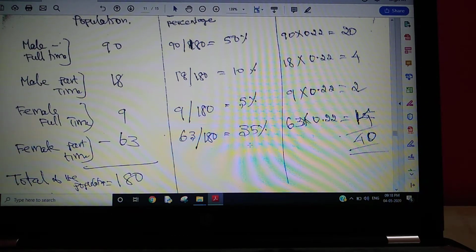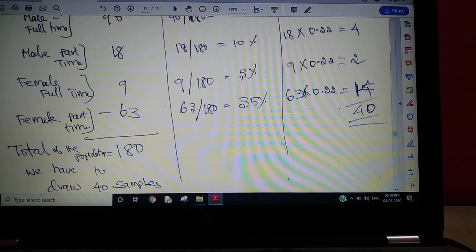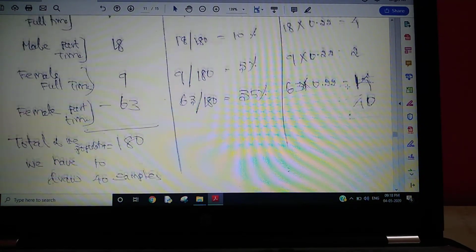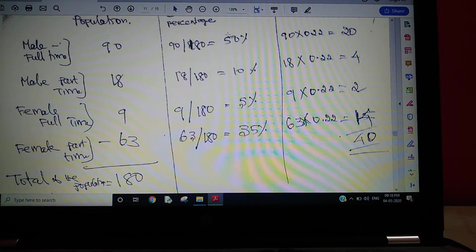If the sample size is 40, then out of 40, 50% is 20. In the total population, male full-time is 50%, so in the sample an equal representation should be there, 20. If you take all of them from the 35% group, then that group is represented more, and the other strata won't get a chance.